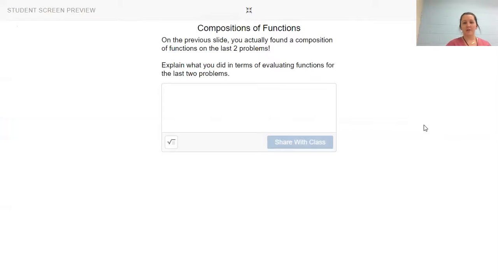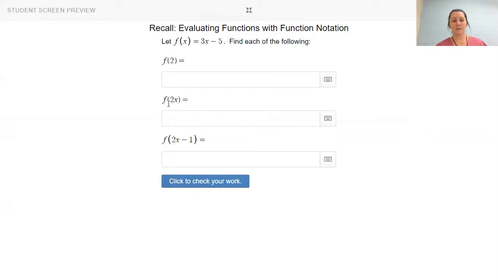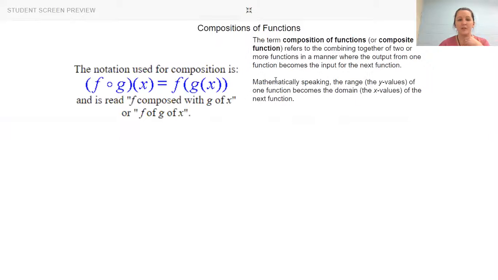And then here's the third slide. Explain what you did in terms of evaluating functions on the last two problems. This problem and this problem, you're actually practicing compositions already. It's just evaluating for you right now. And then do this last one. It's just a note.